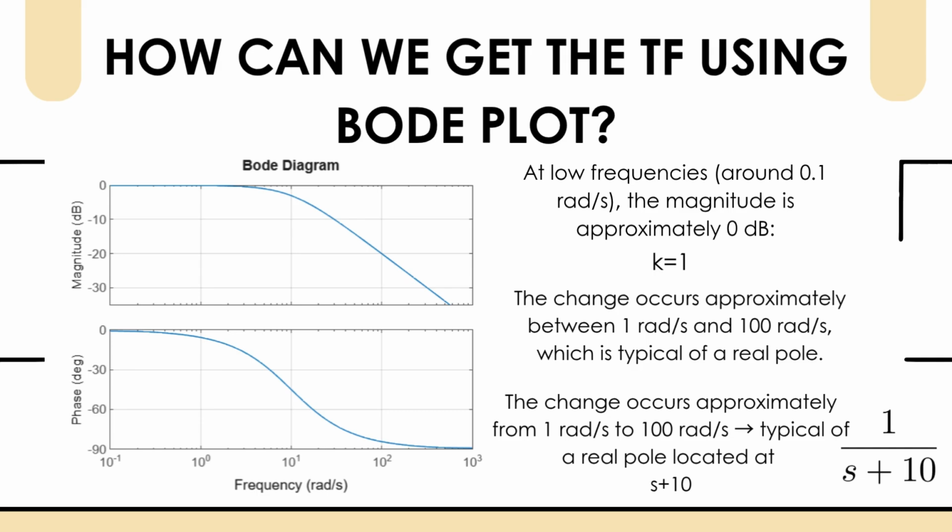So we can say that the gain of this transfer function is 1, and the change, as you can see in the second diagram, occurs approximately between 1 and 10 radians. This tells us that we have something typical of a real pole, and the typical real pole is located at s plus 10. So that's how we can get the transfer function using the Bode plot.